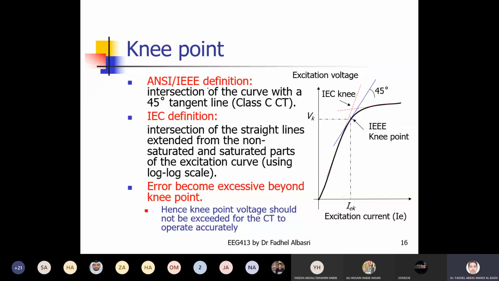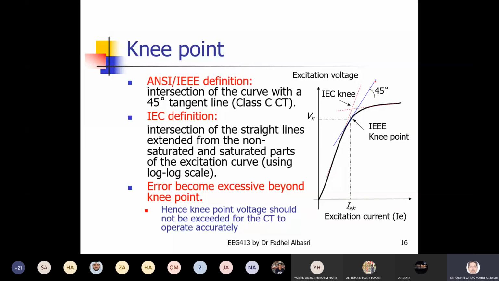The knee point is defined by IEEE, or the American National Standards Institute, ANSI, as the point at which a straight line at 45 degrees is tangent to the magnetizing characteristic, or to the curve.